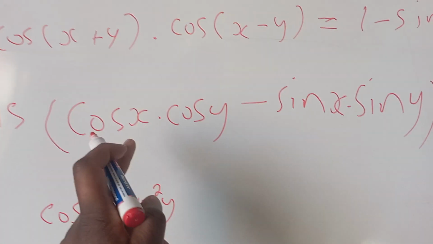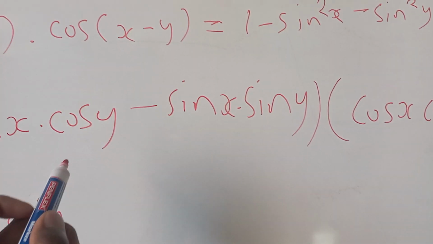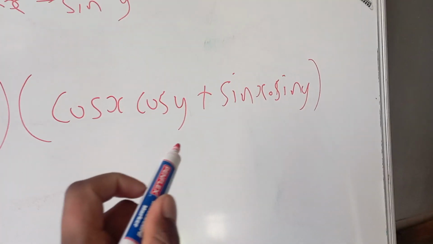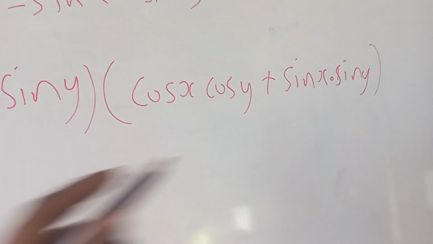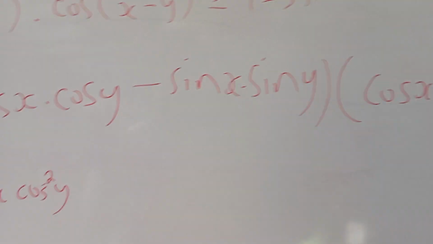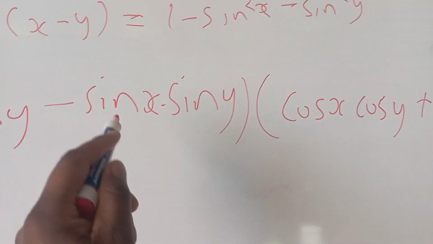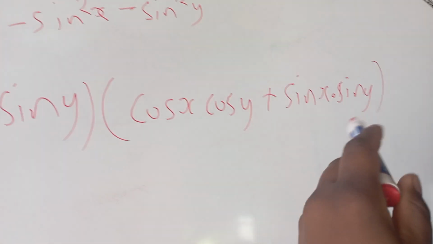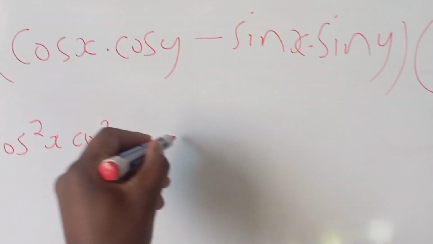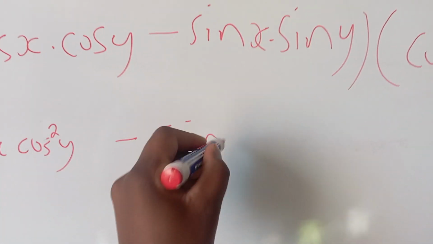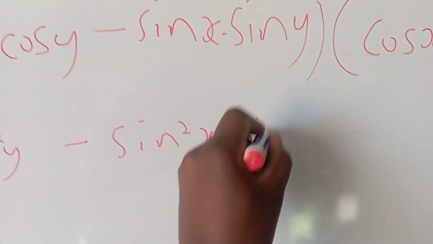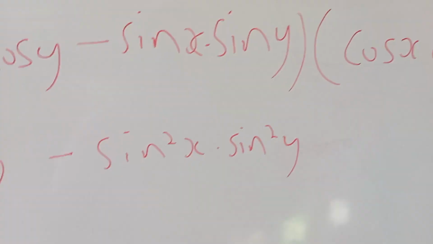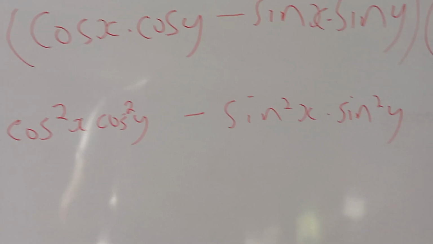And then we're going to multiply cos x times cos y with sin x sin y. Then we multiply negative sin x sin y with cos x cos y. So they're going to cancel each other. Then we're going to multiply sin x sin y with sin x sin y. So we have negative sine squared x times sine squared y. That's what we are having.